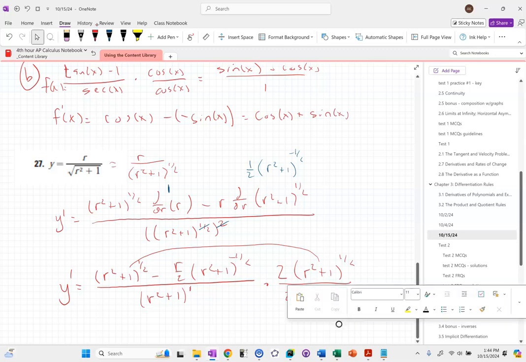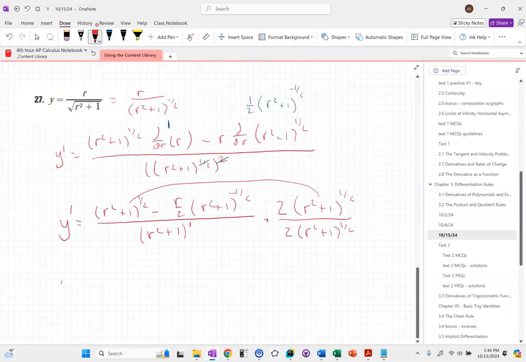So when I multiply that to the first term, r squared plus 1 to the 1/2 times r squared plus 1 to the 1/2 is just r squared plus 1. And I still have that 2 out front, so that'll distribute through. So far, so good. The second one, the 2 will cancel, so I just have the r out front.